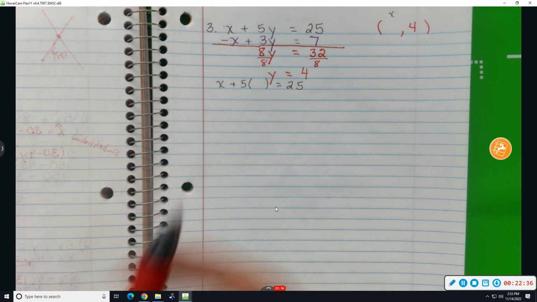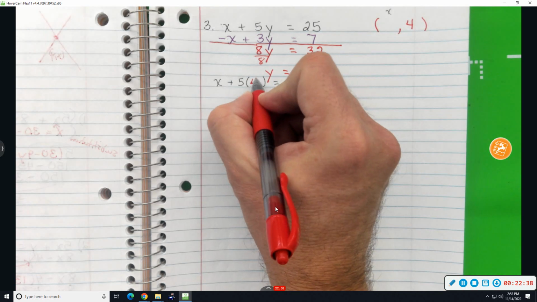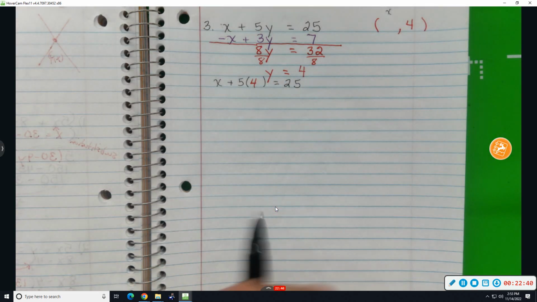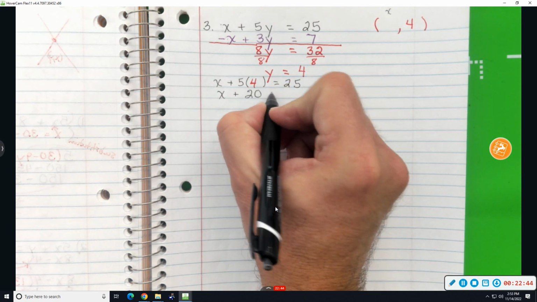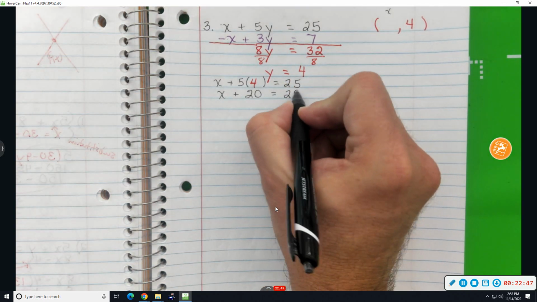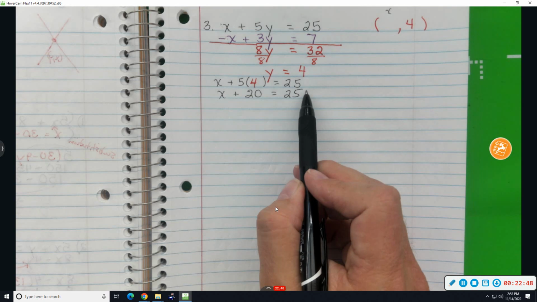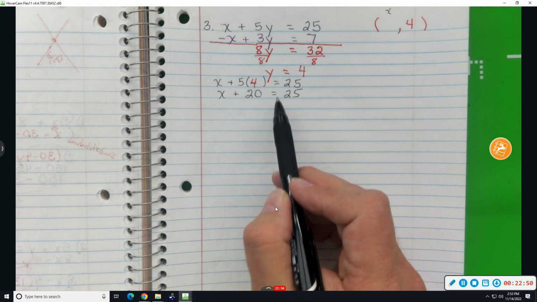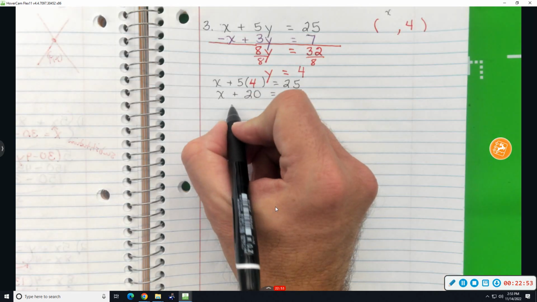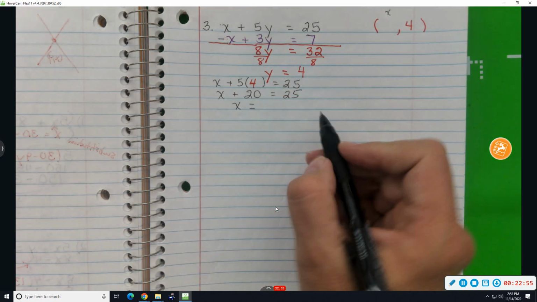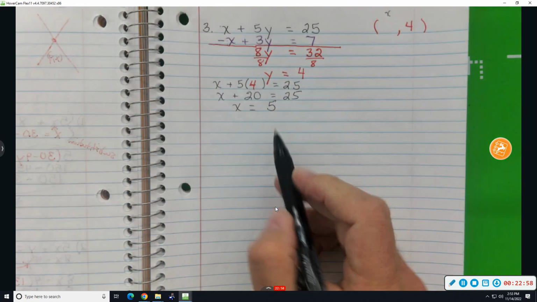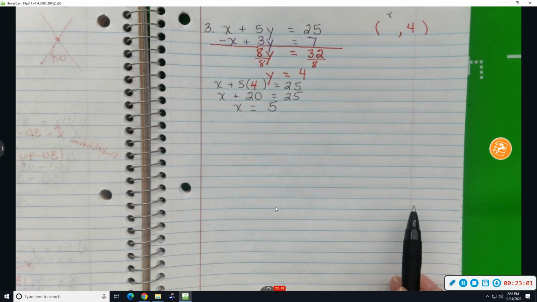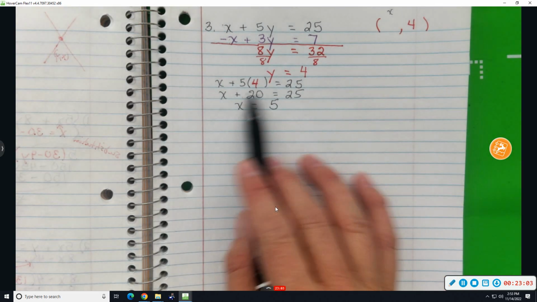I plug a 4 in place of the y. So we'd have x plus 20 equals 25. Subtract 20 from both sides. And what are we getting? x equals 5? Is it 5? 25 minus 20.